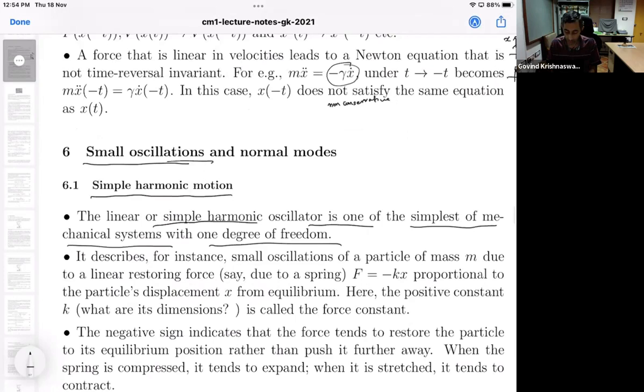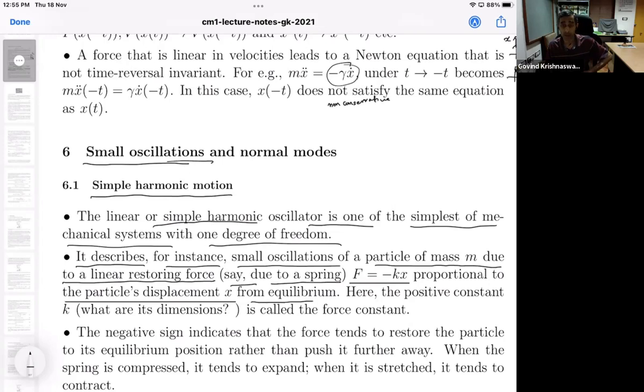It describes, for instance, small oscillations of a particle of mass m due to a linear restoring force, say due to a spring. Such a system can be modeled by a force which is proportional to the particle's displacement x from equilibrium.